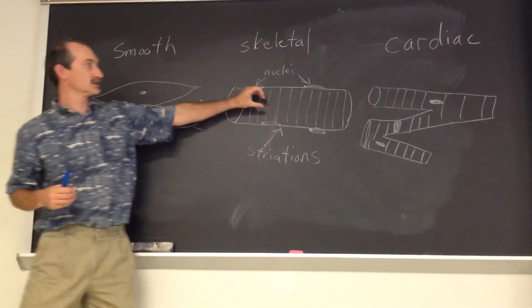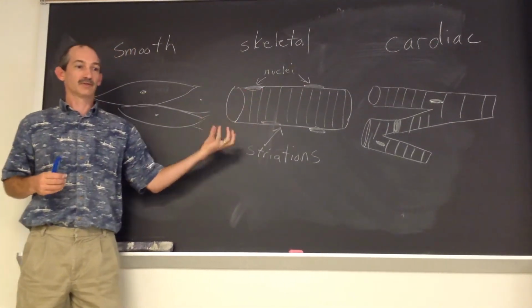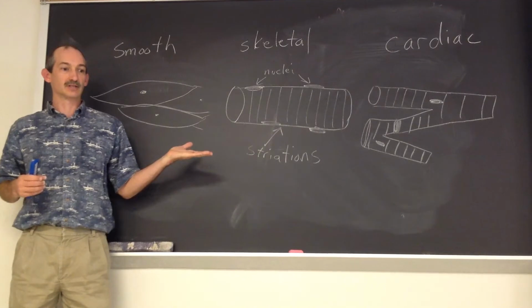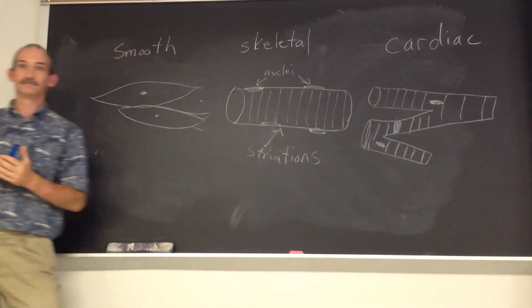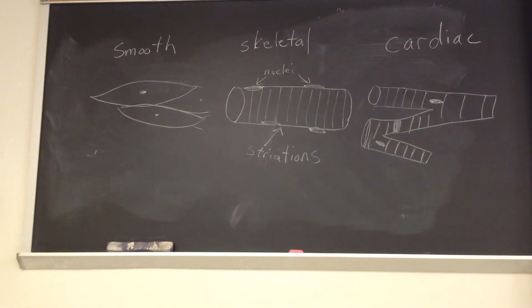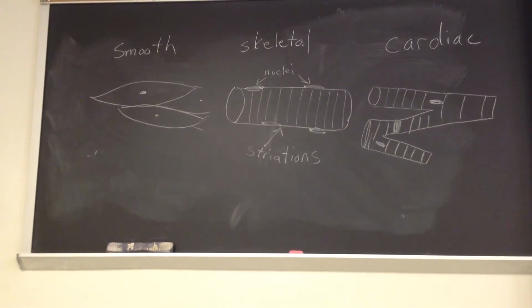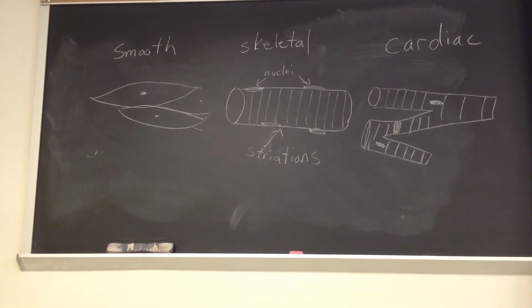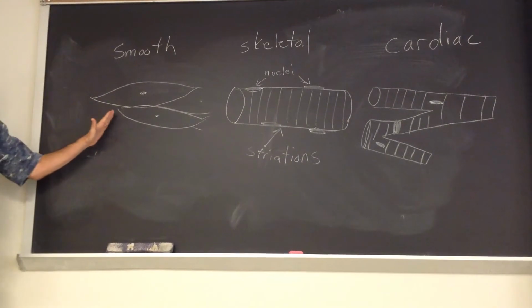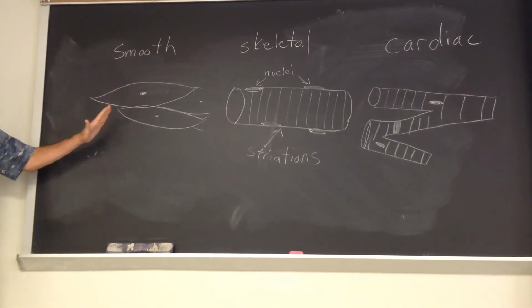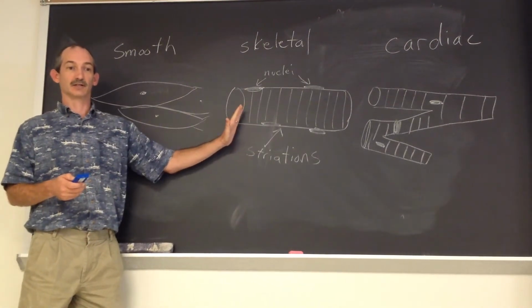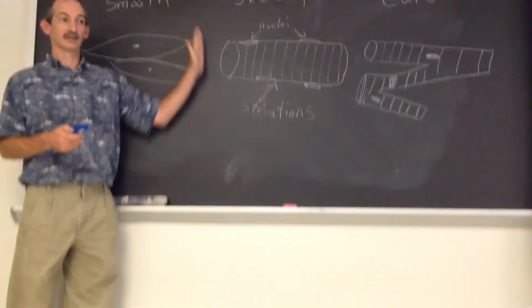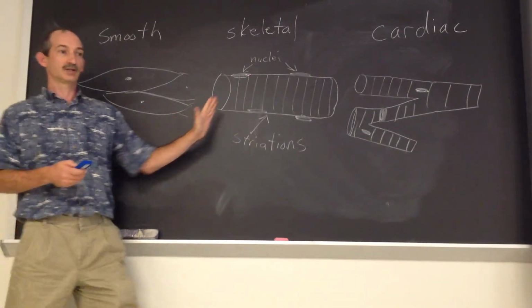You occasionally will see one sitting on the surface here, but these are often so thick that the plane of focus is such that you don't see the ones on the top. You usually see the ones on the side. But the point being, they have multiple nuclei. So this is the difference in shape between smooth: spindle shape, single nucleus, no striations; skeletal: very elongate cylinders, lots of nuclei, lots of striations, very obvious; and cardiac.